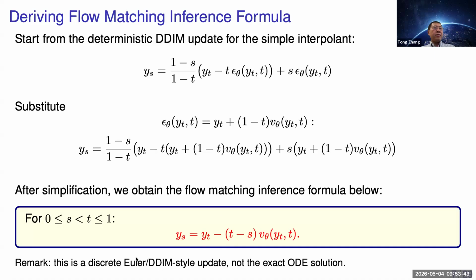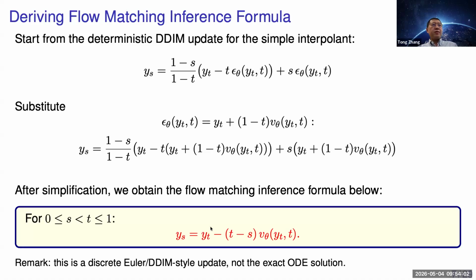And this one, you can make the step infinitesimally small. Then this becomes the so-called ODE, ordinary differential equation. For DDIM, you can also have ODE. For DDPM, the so-called SDE, stochastic differential equation.